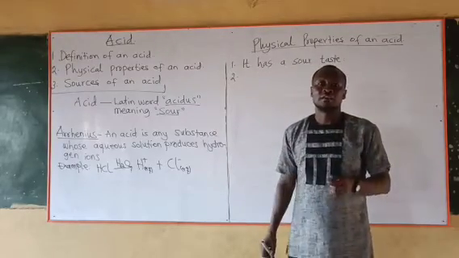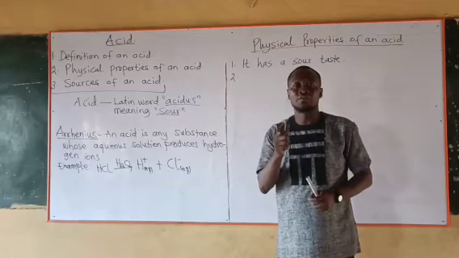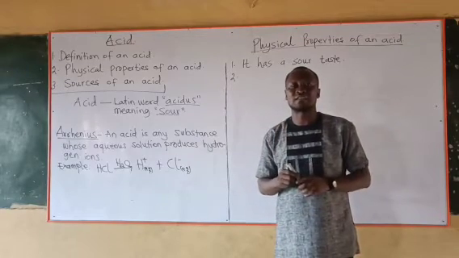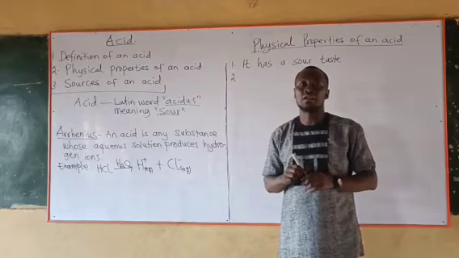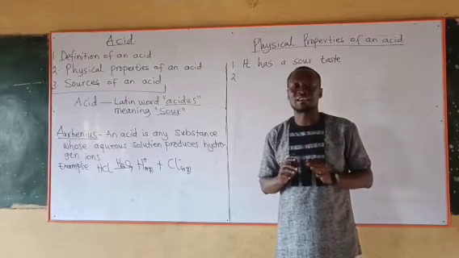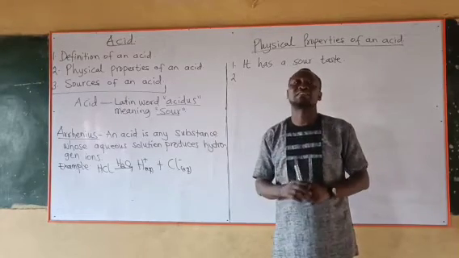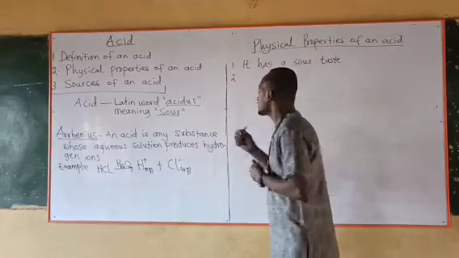Again, when an acid gives a pH which is less than 7, then we say it's an acid. Or when a solution has a pH which is less than 7, then we say that solution contains an acid.